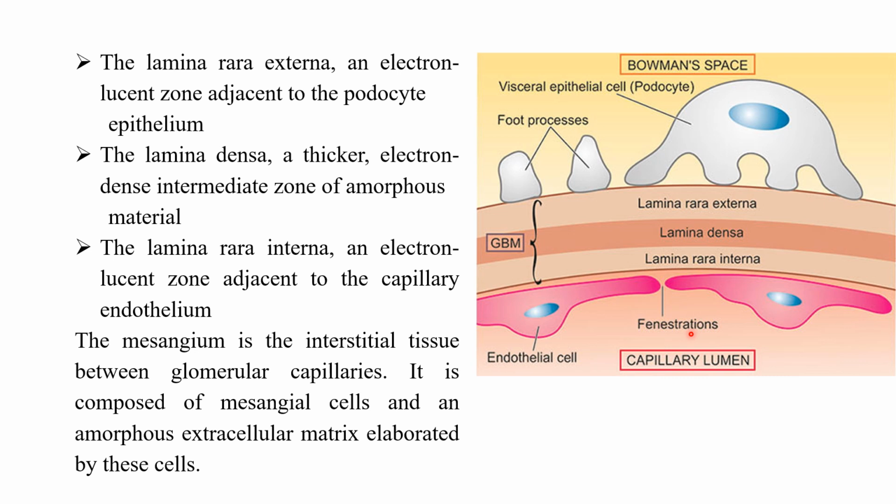And the third layer here is the lamina rara interna. Interna means present inside. It is also electron-lucent, that means it contains very few electrons, adjacent to the capillary endothelium.